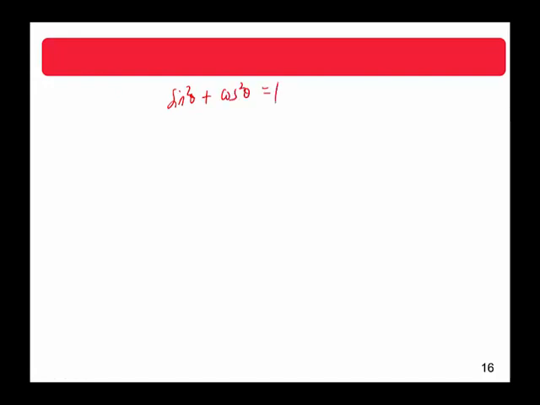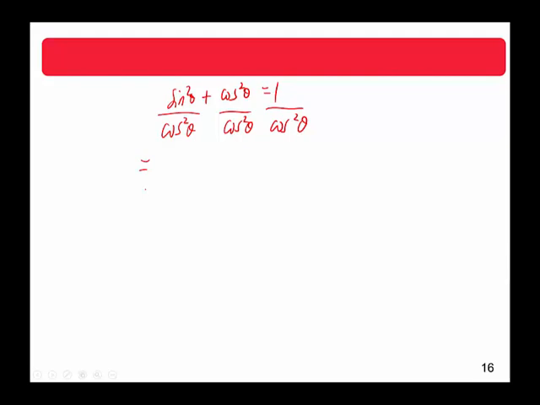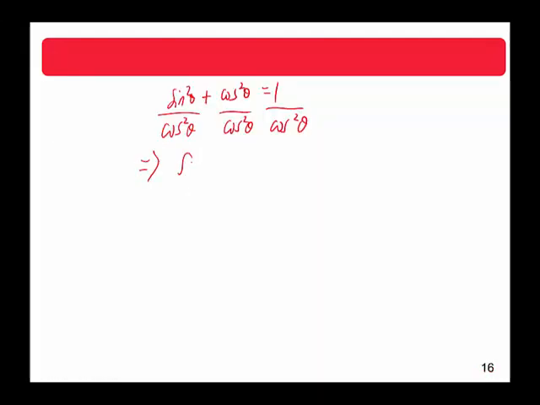Now look at this. If you're dividing everything by cosine theta squared, and rearrange it, this first one becomes sine theta over cosine theta, put the square outside.